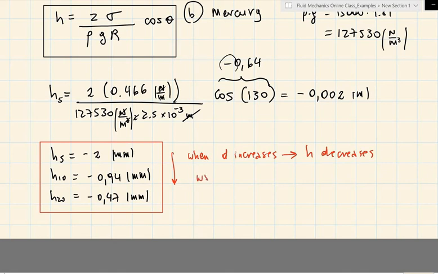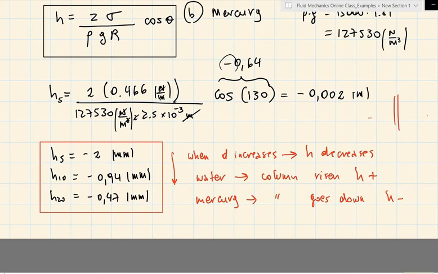Okay? And between water and mercury, you see that because of the angle of contact, when you have angles that are less than 90, it means that cohesion is less important than adhesion, and therefore the column goes up, which is the case of water. When the angle is bigger than 90, like mercury, the column goes down under the interface or the water surface, because the cohesion is much bigger than adhesion.